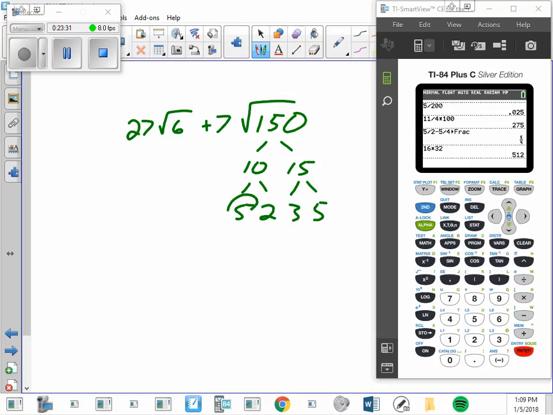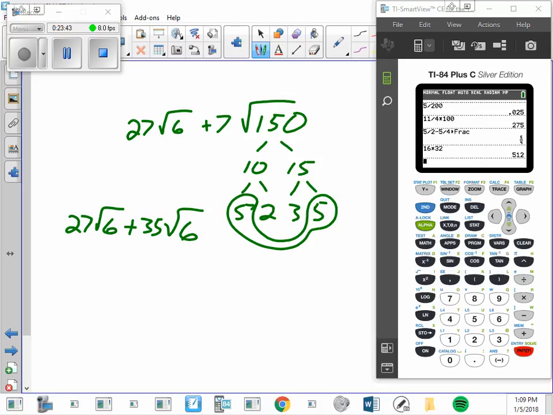I can take out a 5. And then I have 27 root 6 plus 35 root 6. And now they do go together. So that would be 62. Because remember, it's 27x plus 35x. It's going to be 62x. The x did not change.